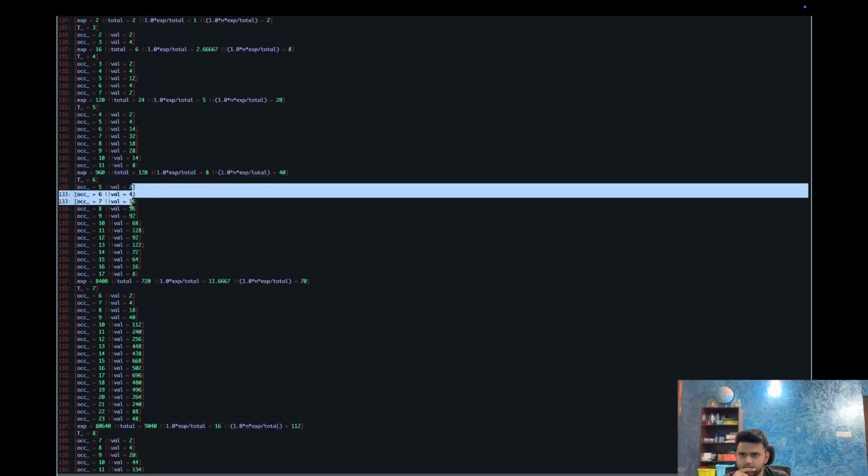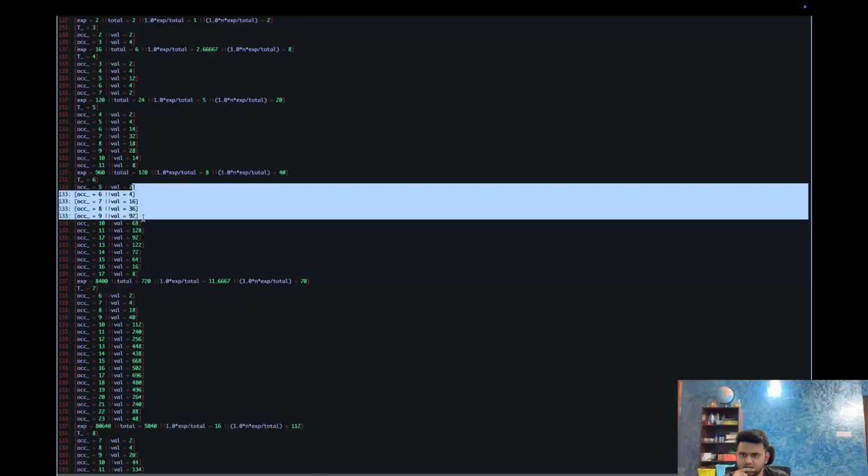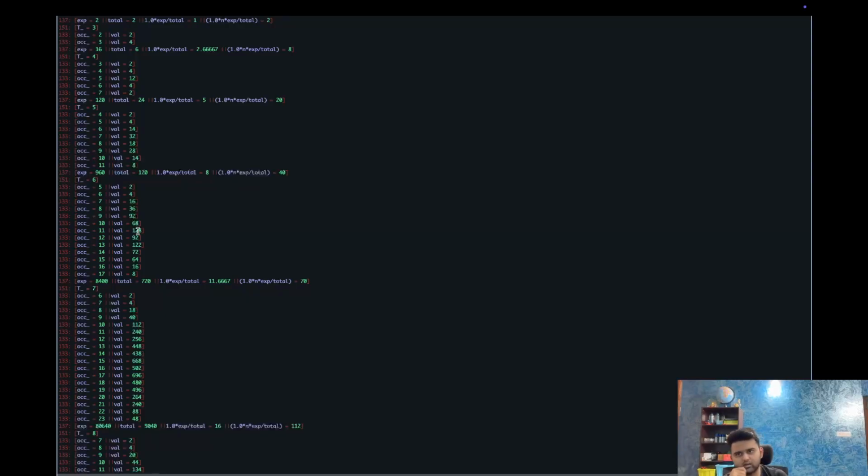So it goes and increases. So you increase linearly. 8 9. Some of them are powers of 2, some are not.